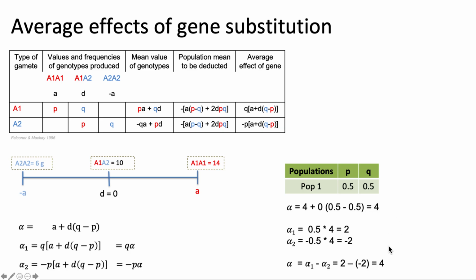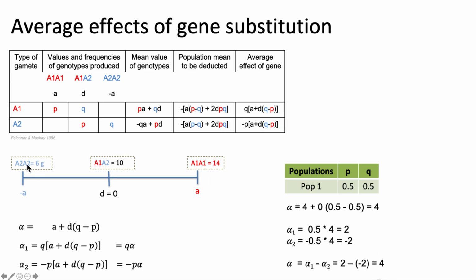So what does this mean? This means that if we increase the number of A1s in the genotype, we're going to increase the population phenotype by 4 grams in this example.